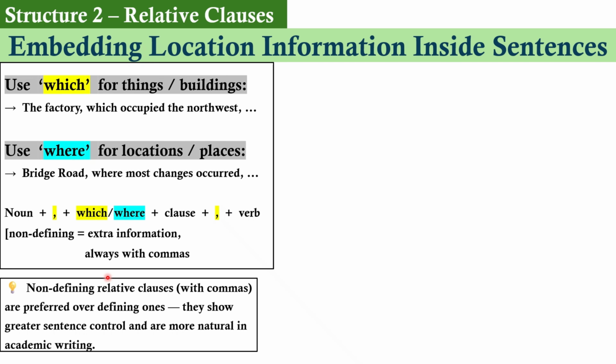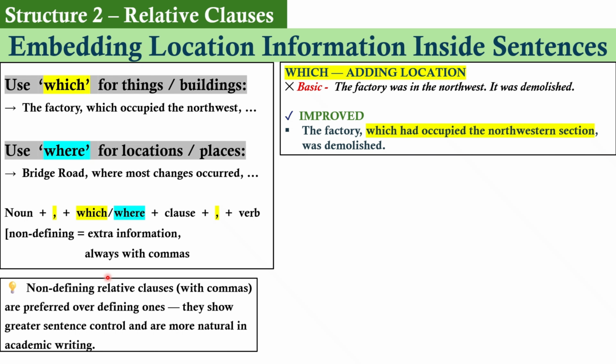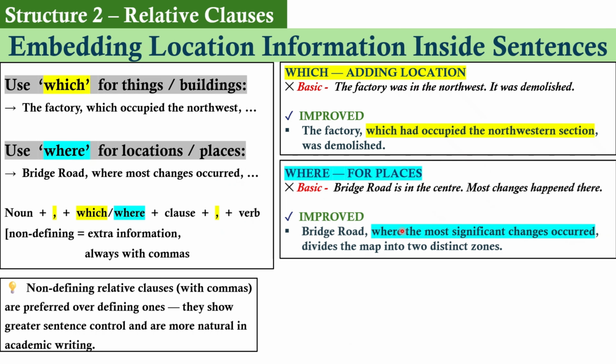Now let's look at the examples. In the first example, we use which for a building. The factory, which had occupied the northwestern section, was demolished. Instead of writing two separate sentences, the location information is embedded directly into the sentence. In the second example, we use where for a place. Bridge Road, where the most significant changes occurred, divides the map into two distinct zones. Finally, look at the hospital example.